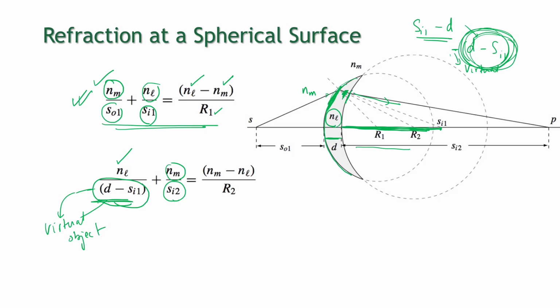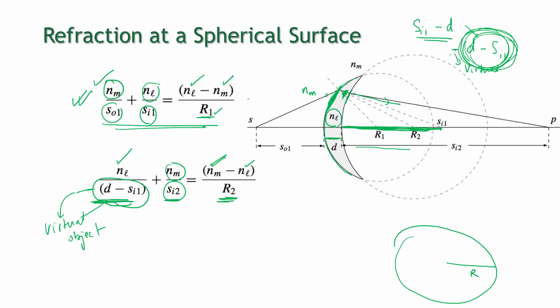So this is the object distance. In this case, it's a virtual object, and it's the image distance. So NM minus NL, second medium minus first medium, over the radius of curvature. Radius of curvature is for this sphere, that r is the radius of curvature. This is for the second surface, that's for the first surface.